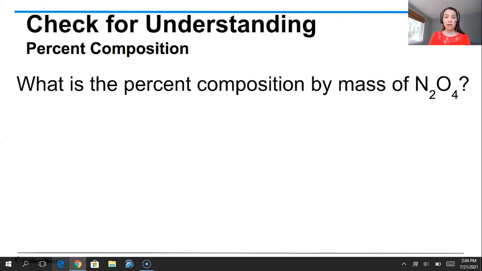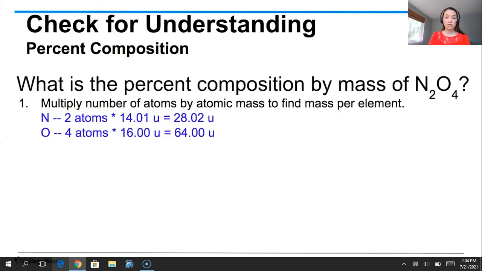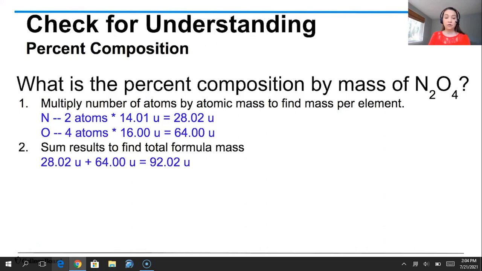Okay, so N2O4, let's find the percent composition. So first, we need to multiply the number of atoms of each element in this compound by the atomic mass. So for nitrogen, that gives us 28.02 atomic mass units. Oxygen, 4 atoms times 16 atomic mass units gives us 64. And then we're going to add them together to find the formula mass of N2O4, which is 92.02 atomic mass units.